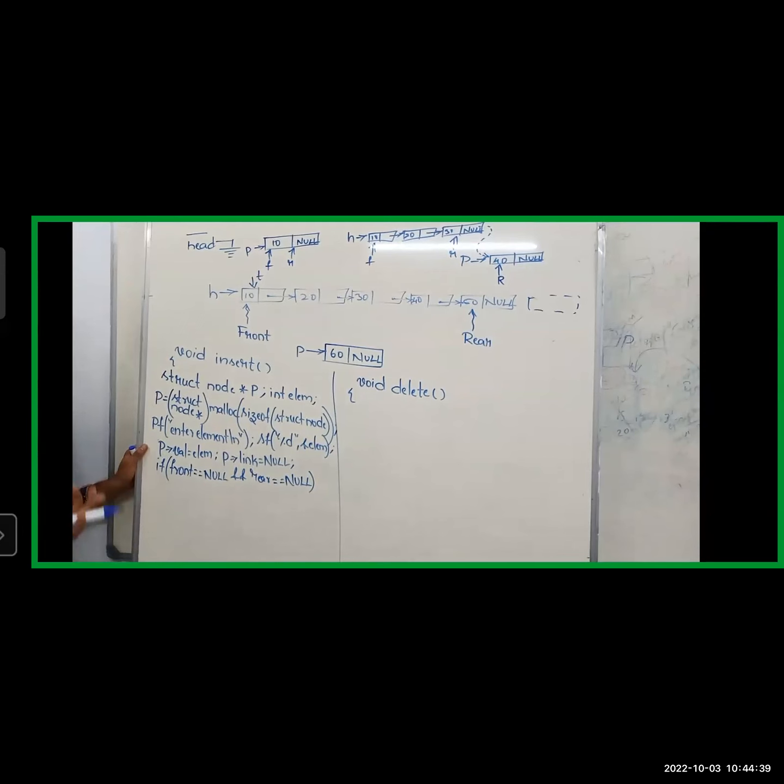If both are pointing to NULL, what does it mean? No nodes at all.